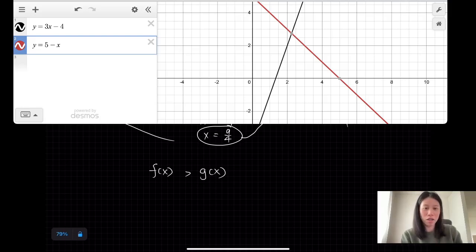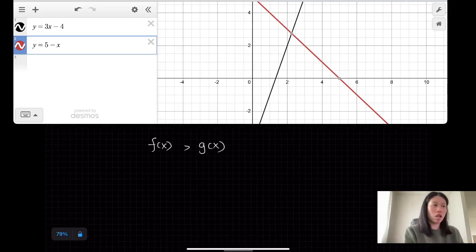That means after what point of x is f(x), the black line, always on top of the red line, which is after passing the intersection point, right? Because after passing it, the y value of the black line is always above the y value of the red line.